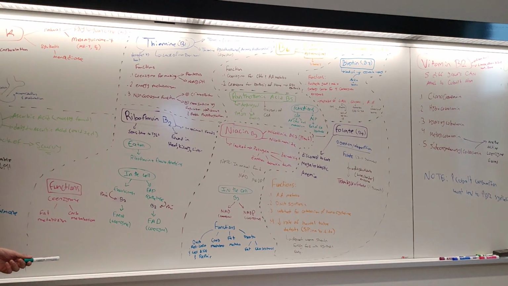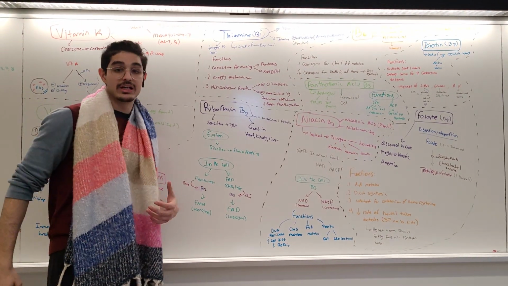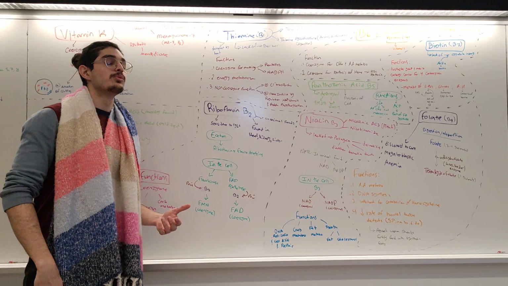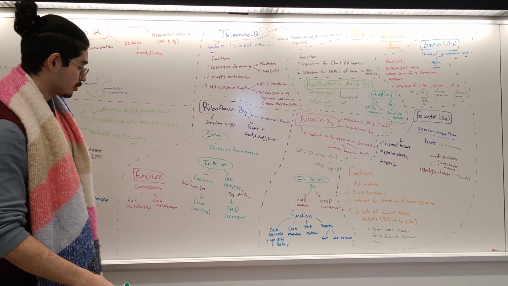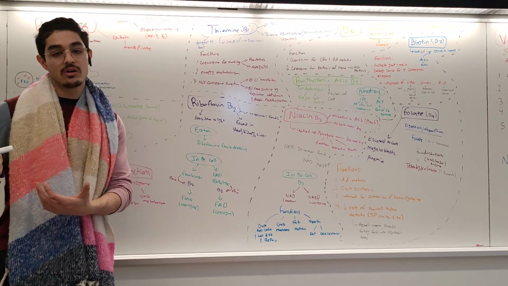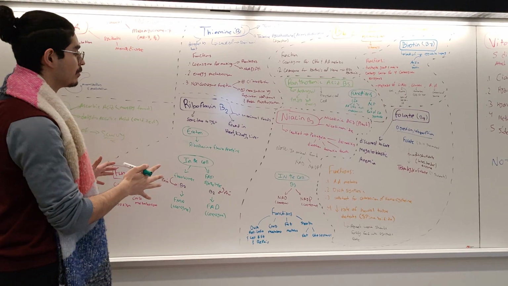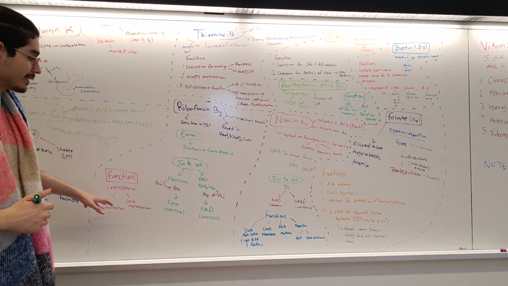Same thing for fat metabolism. Fatty acids, after being digested and absorbed, go through beta oxidation, which generates a significant amount of NADHs and FADHs, which also go to the electron transport chain. That's why riboflavin is super important in energy metabolism.